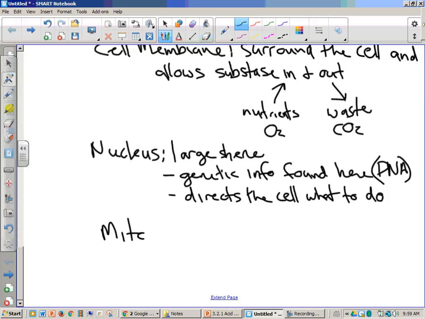Mitochondria. What was the mitochondria known as? We had a little cell city analogy that I really didn't like, but yep. Power plant. It is the power plant of the cell.